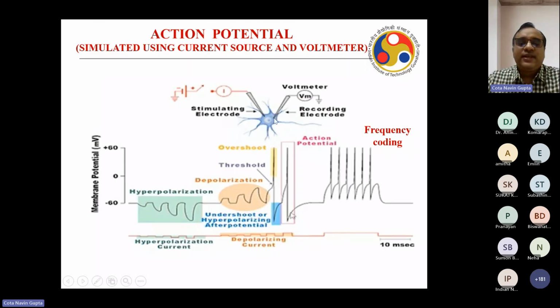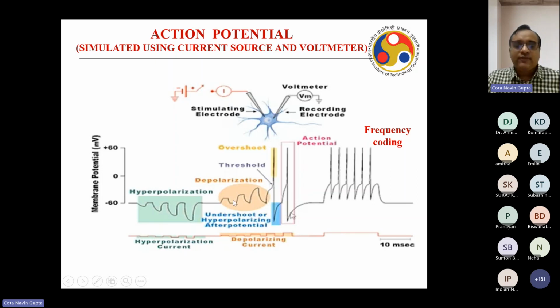You can see a single cell, and you're simulating the hyperpolarizations and depolarizations using a battery and a current source, right? And you're measuring the action potential using a voltmeter. So when you have hyperpolarizing current, there is no action potential generated because the membrane is becoming more hyperpolarized, more negative, and it's not going to cross your threshold potential.